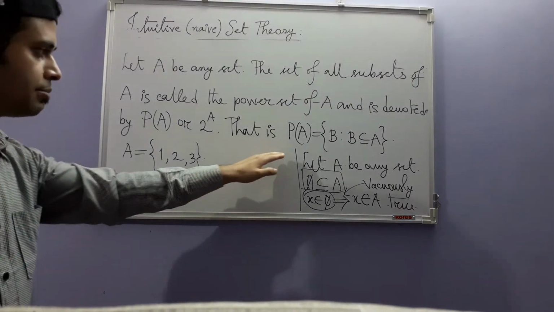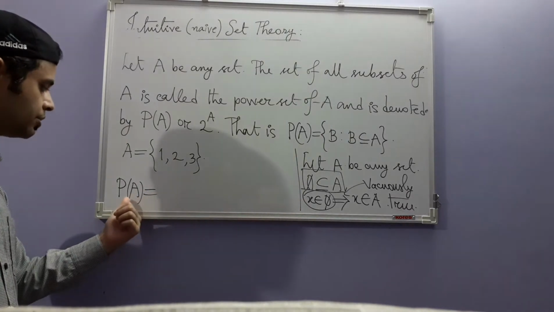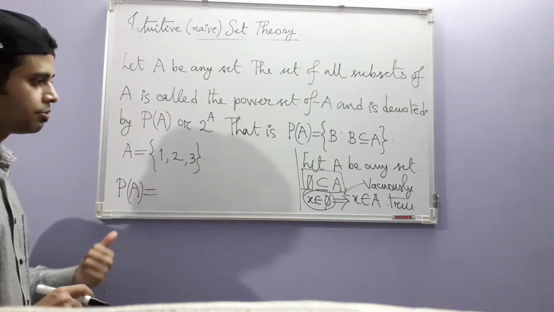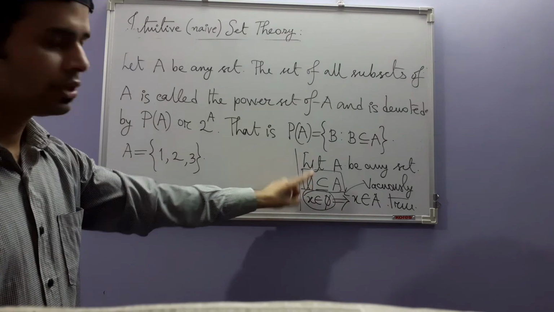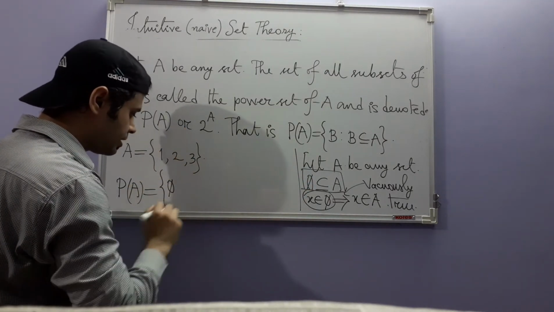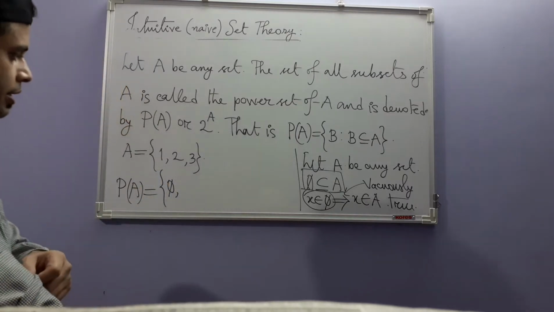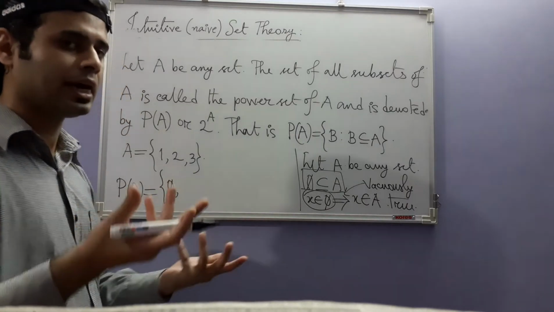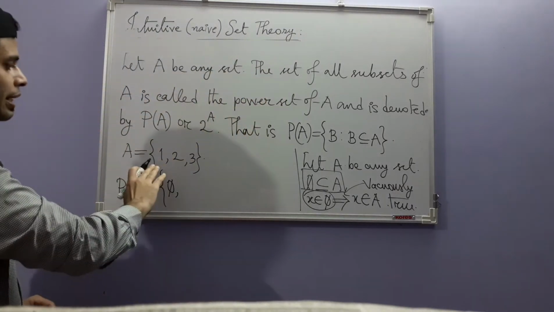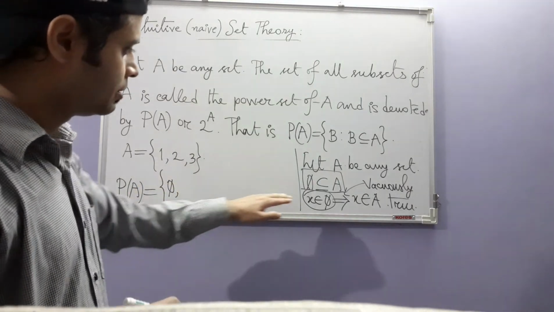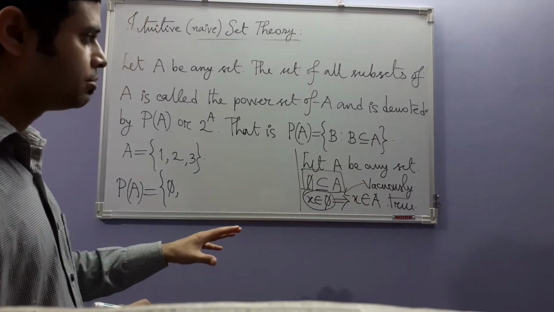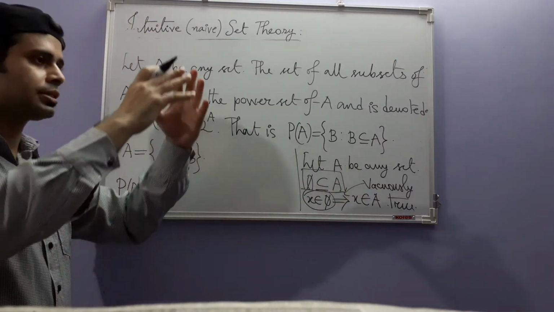Okay. And why am I saying this now? It's because we are going to write down all the subsets of A. So first of all, we have the empty set. So we write that down. Then what can be other subsets? You see, if you try to actually find out subsets of a given set, this definition may seem somewhat difficult. Instead, what you think of the situation is like this.